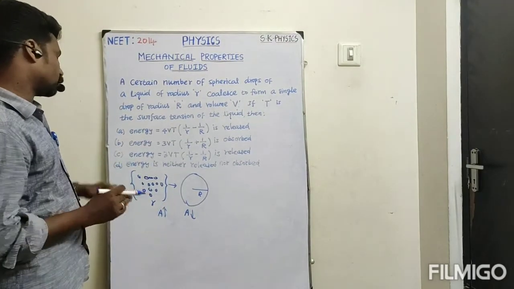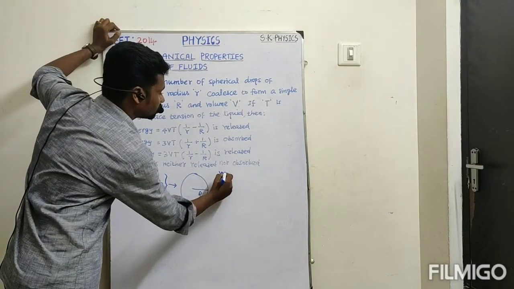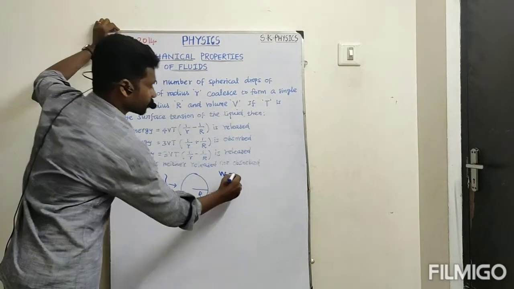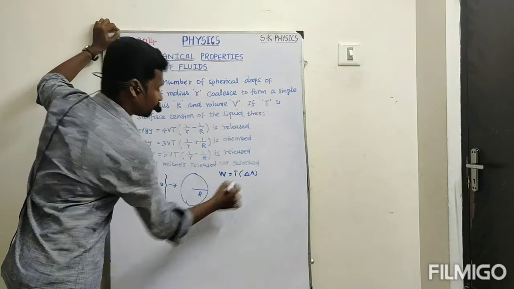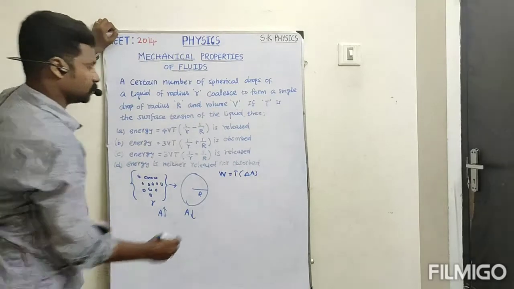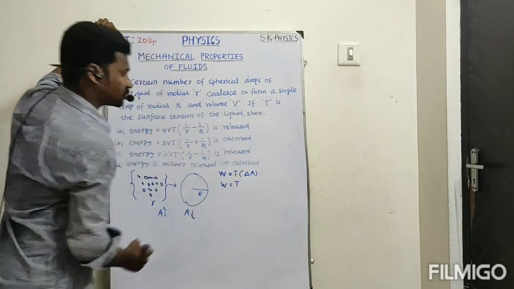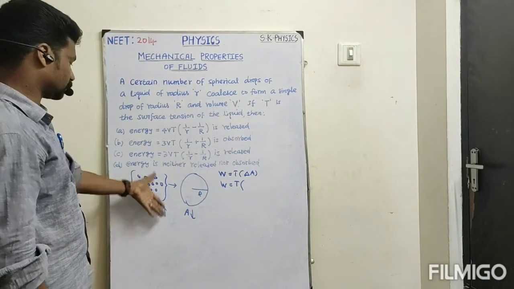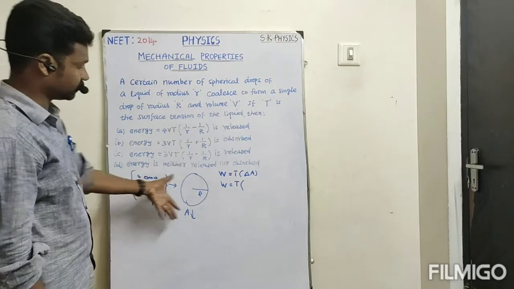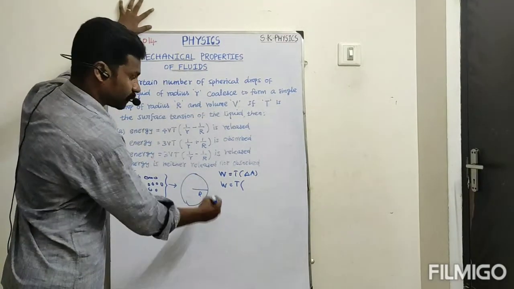Okay. Right. So now we know the energy formula: work done is equal to surface tension into the change in area. Please remember that. The change in area is the combined area of the small droplets minus the big droplet's area.